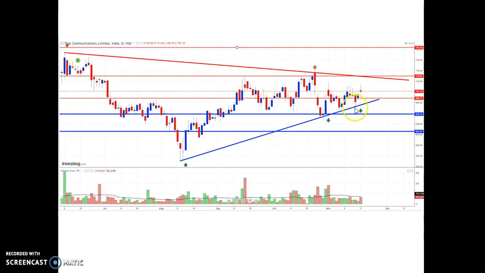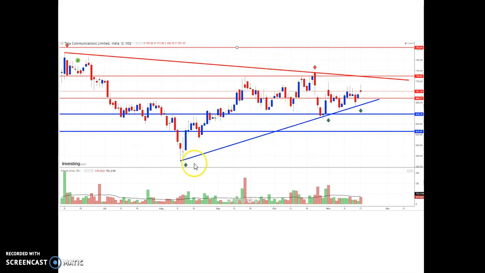So the major support is the 658 price zone, acting as an important support level, and the downward trend line is up slanting. Here the pattern looks like swing high and swing low.